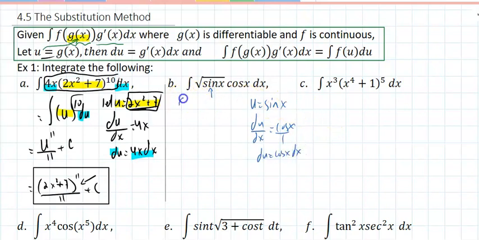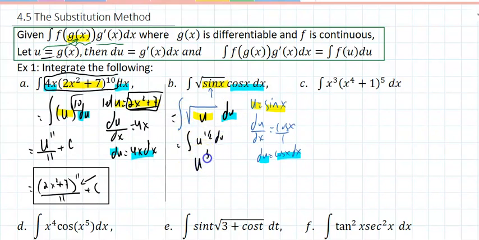So this becomes the integral of the square root, and this is what I let u equal. And I notice that cosine of x dx I could replace by a du, and this is again a power function, that's u to the 1/2 du, add 1 to the power, divide by that.